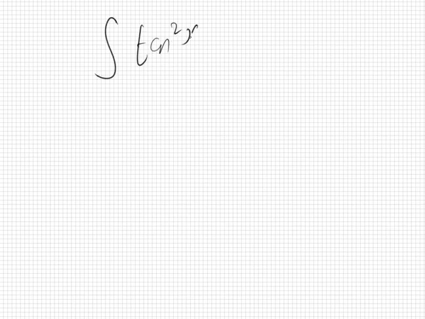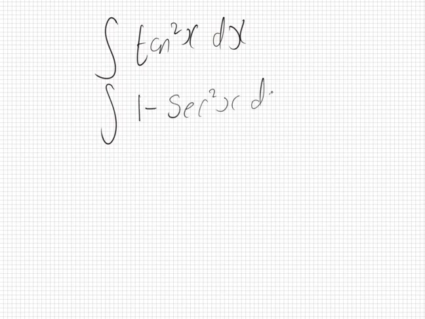Tan squared x dx is equal to... Now, does anyone have the formula book? You can see there's trigonometry formulas in the formula book. But there's one formula that says tan squared is sec squared minus 1. Now the proof of that is not so difficult, because sine squared plus cos squared equals 1.